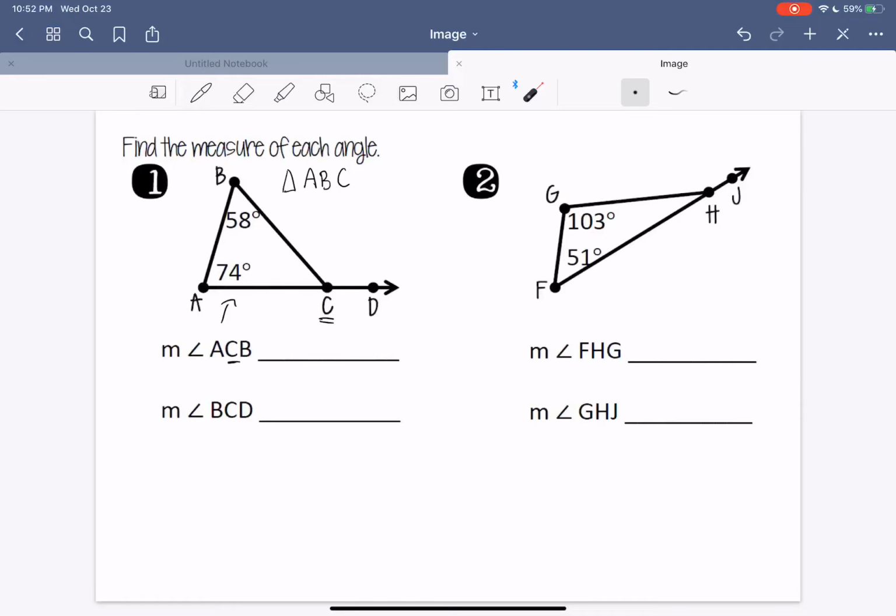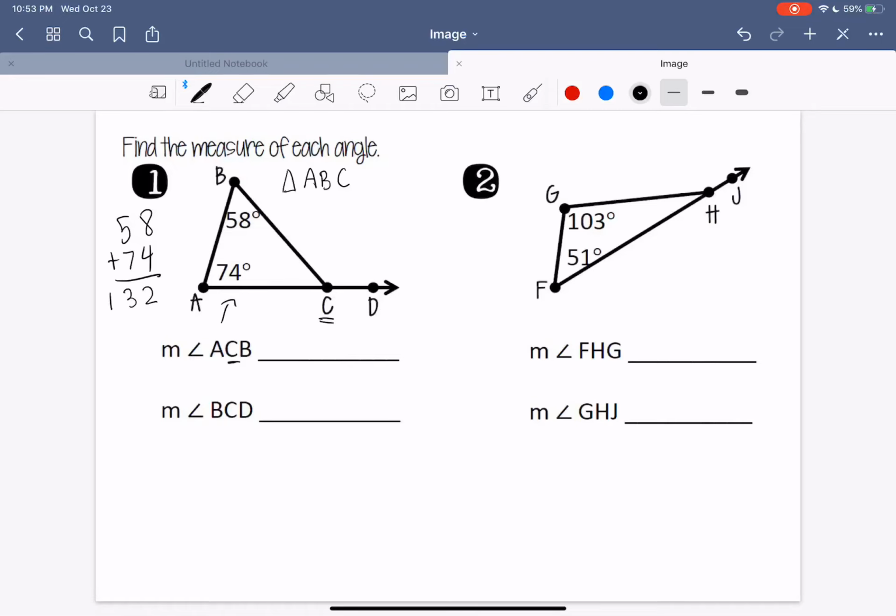We can find this by remembering that the total of the interior angles has to equal 180. So if we add 58 plus 74, this equals 132.